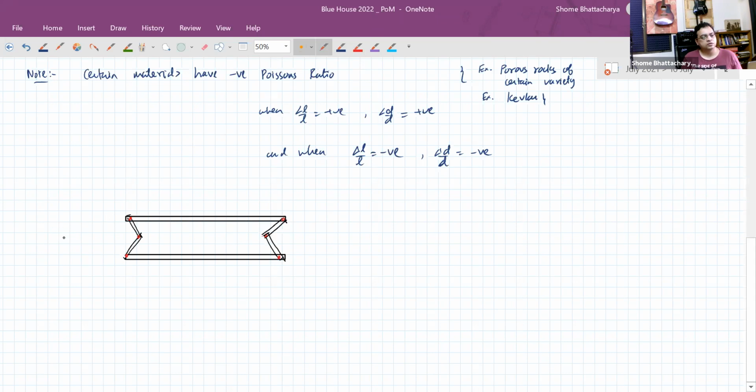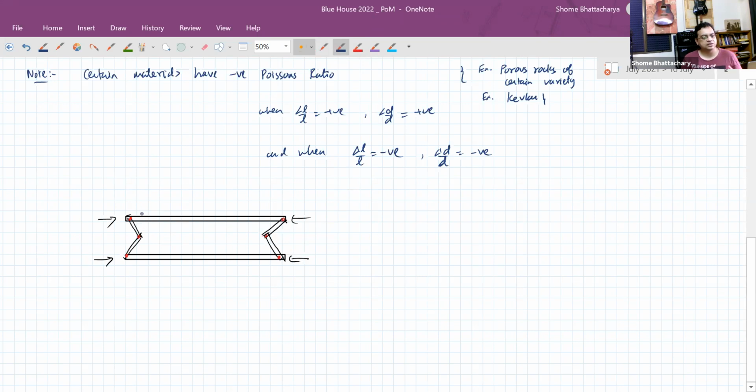So now if you are creating a compressive sort of force, because of the natural elasticity of the metal, these long bars will tend to compress.